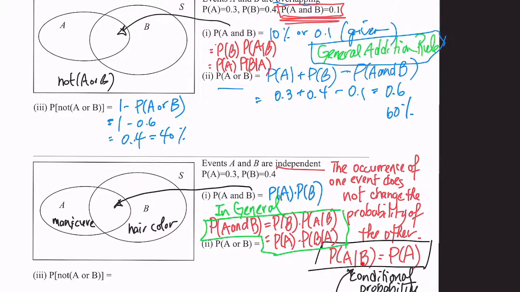So the conditional probability is the same as the probability originally, and the general interpretation reduces to just A times B. So for independent events, you multiply the probabilities to find the probability of this and that.